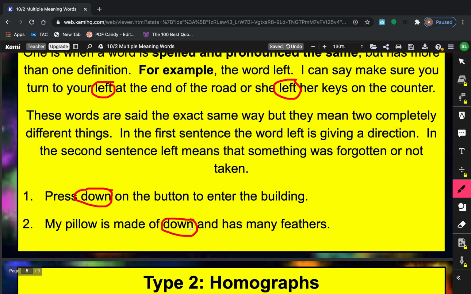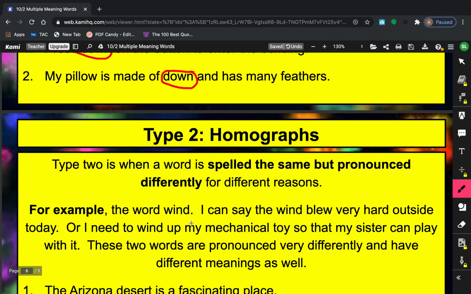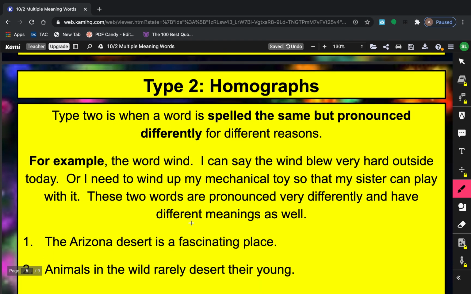So the second type is what we call homographs. Homophones are spelled the same, pronounced the same. Homographs are spelled the same but pronounced differently, meaning the way that the word is being used determines how it is pronounced.